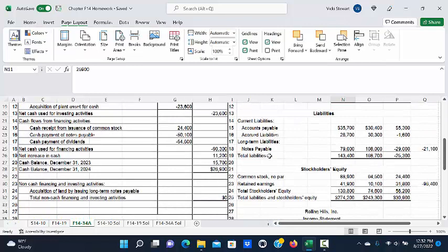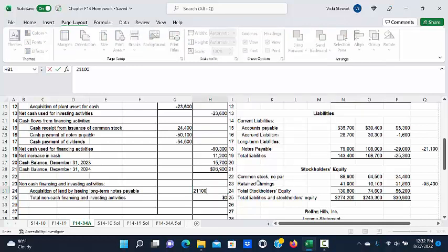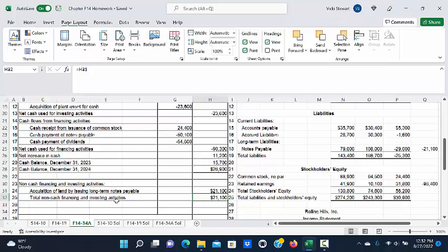Now, we're not finished yet because we had a non-cash financing and investing activity, if you remember, the acquisition of the land by issuing the long-term notes payable. So that amount was $21,100. So we need to list that at the bottom of the statement of cash flows, and that would give us total non-cash financing and investing activities of $21,100.